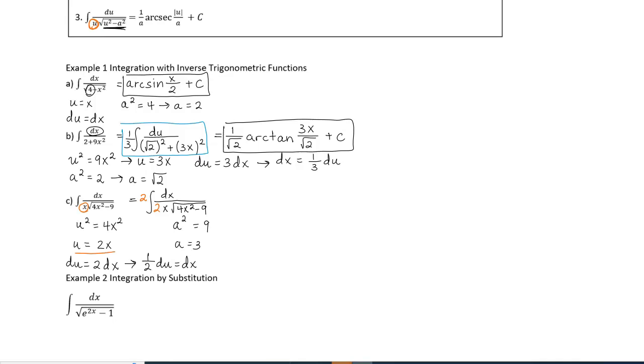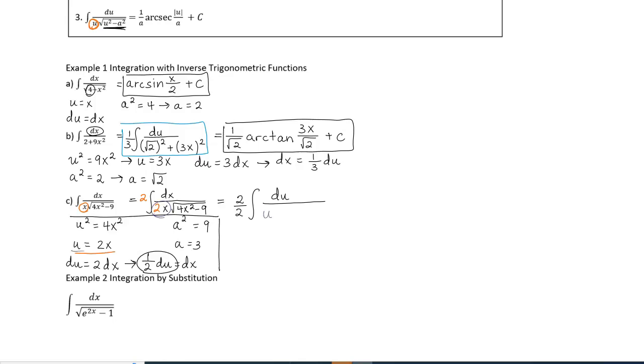So now let's actually start substituting. So we have a 2 on the outside of the integral. The dx in the numerator is going to be replaced with 1/2 du. That's coming from here. I'll put the 1/2 on the outside, and I'll put the du in the numerator. In the denominator, this 2x here is going to be replaced with u.